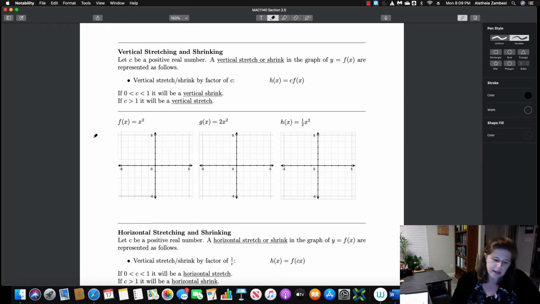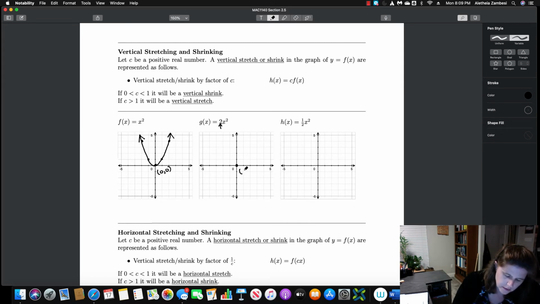So if I take the x squared function, this is our basic parabola. If I were to multiply the whole thing by 2, it essentially makes it twice as tall. So my 0, 0 is still my reference point. In the original function, when we square 1, we get 1.